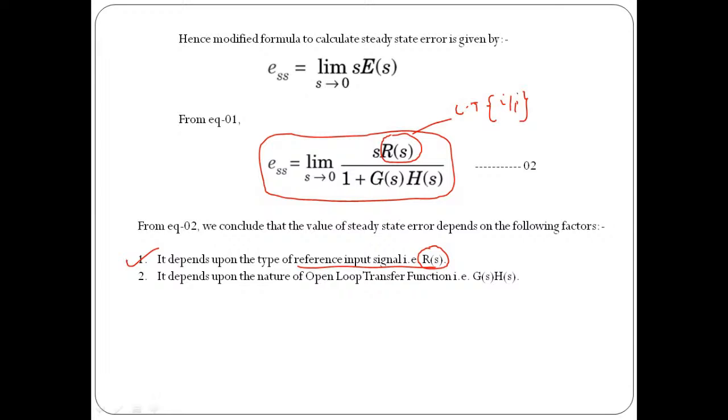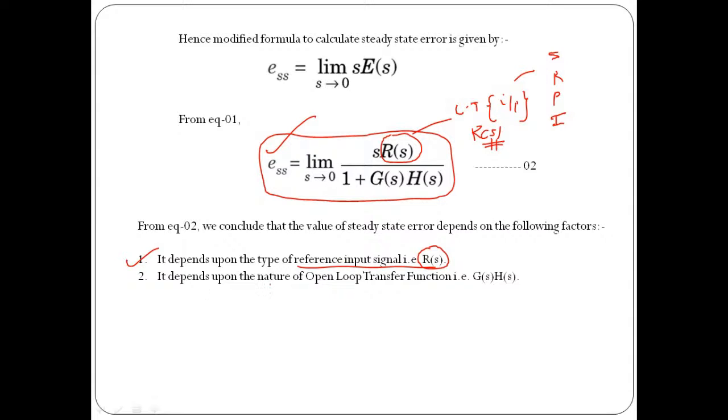Now we have four different types of standard test input signal. It may be step, it may be ramp, it may be parabolic, or it may be impulse. So based on that we have different values for R of s, and based on that we have different values for steady state error.